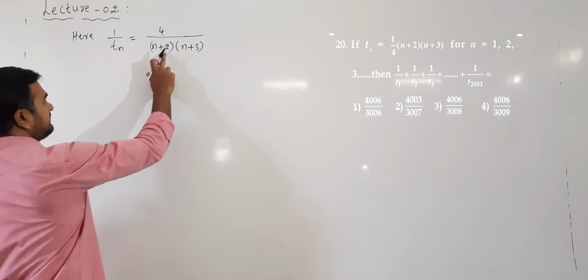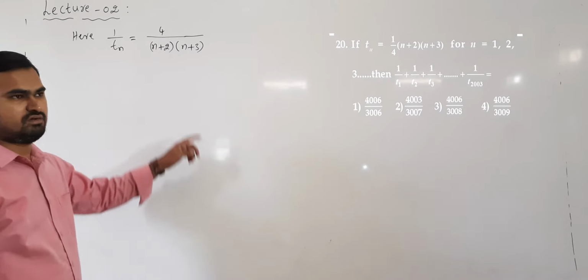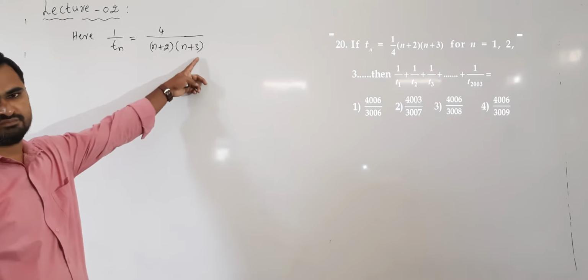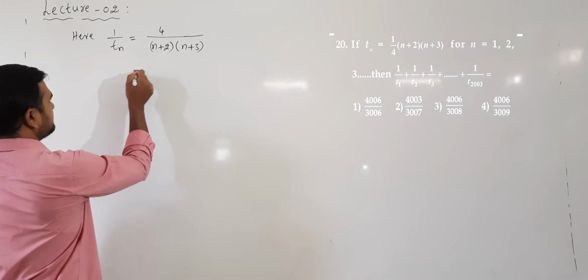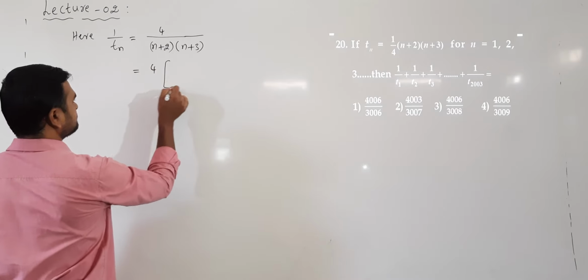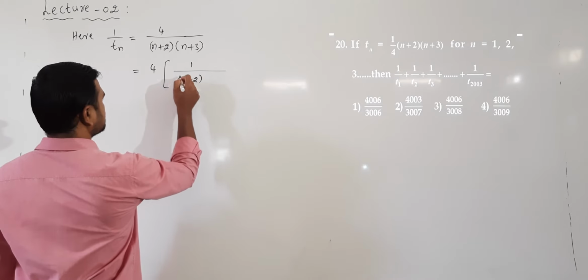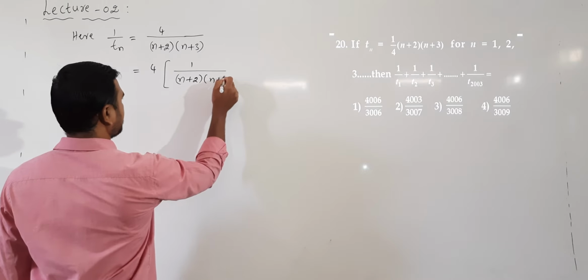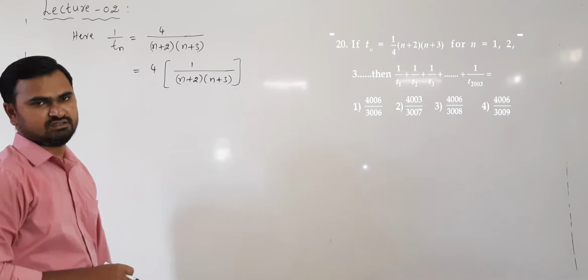If you observe the denominator terms n plus 2 into n plus 3, okay. Now the difference is 1. So that the difference 1 in the numerator we can arrange as 4 into 1 by n plus 2 into n plus 3. The difference of denominator terms we can arrange in the numerator.